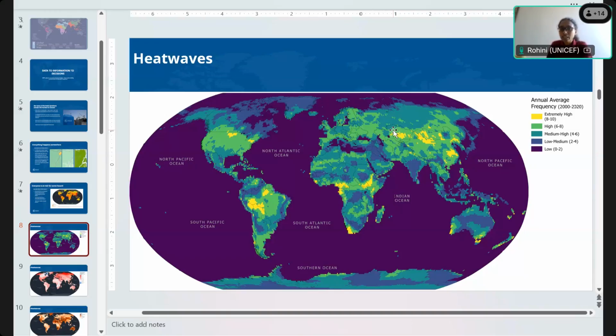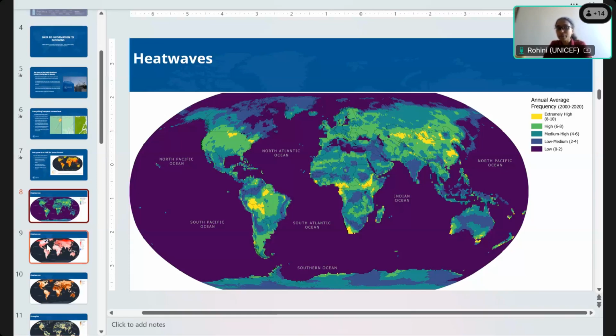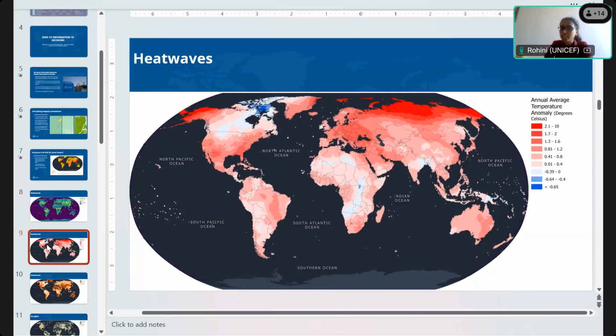A child born today is going to face multiple times more of each one of these disasters than their grandparents did back in the 1960s. And every data point that we try to measure gives us shocking results of how much the climate has changed over the world and how much these hazards have been intensifying. And it's very important for us to be able to understand different dimensions of a hazard.